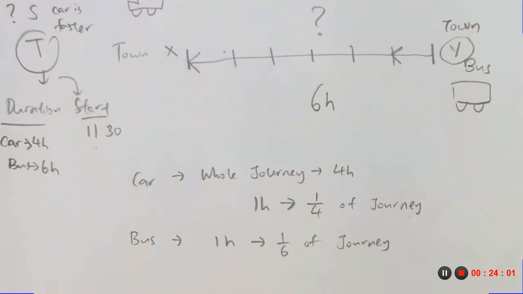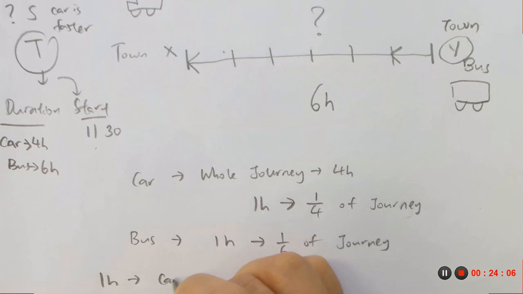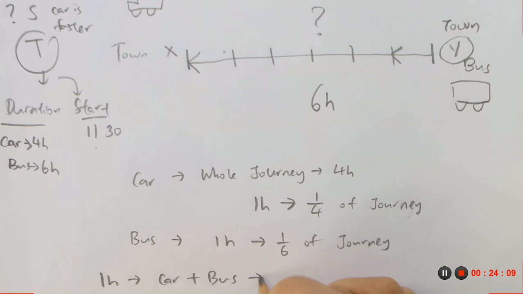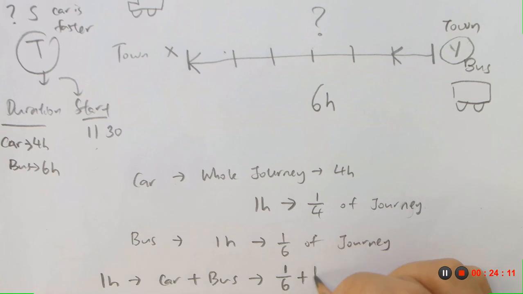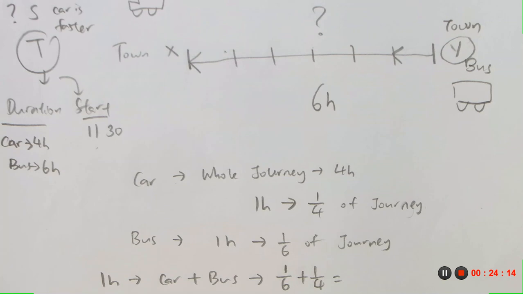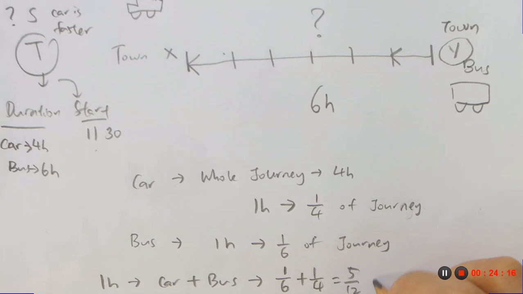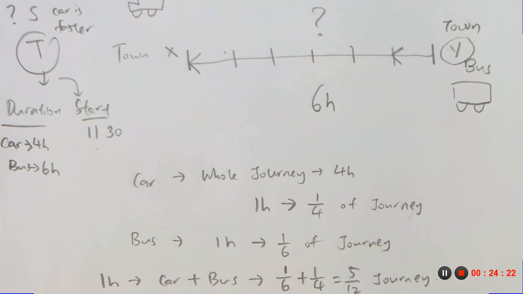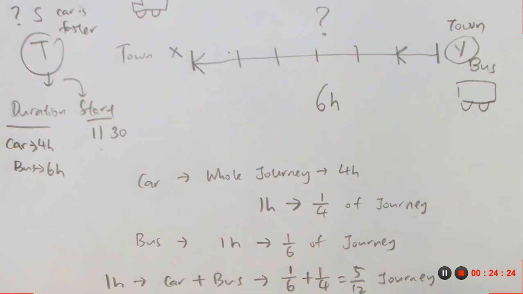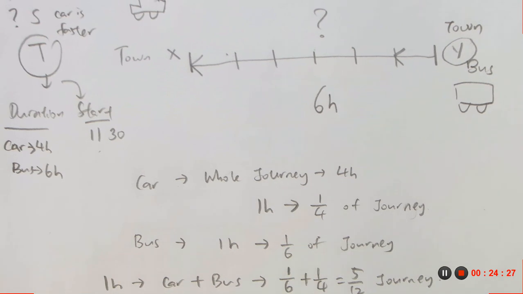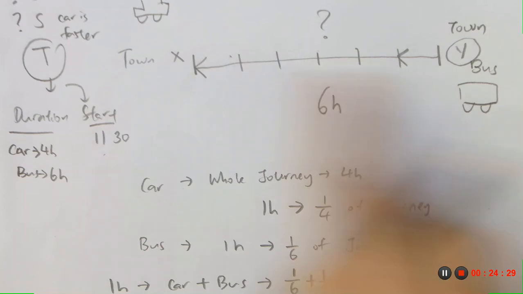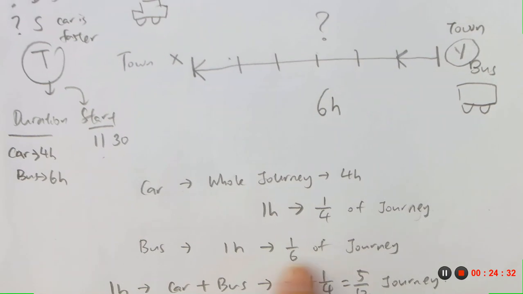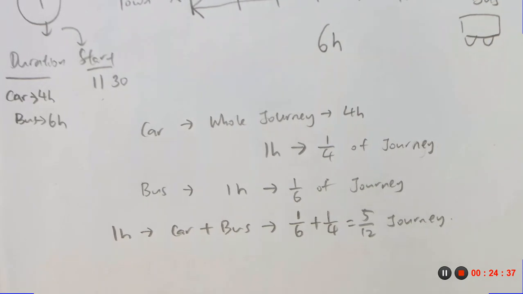Then in 1 hour, the car plus the bus together will make 1/6 and 1/4 of the journey, which the answer says is 5/12 of the journey. So in 1 hour, the car travels 1/4 of the whole journey, the bus travels 1/6, which means both of them will travel 5/12 of the journey.